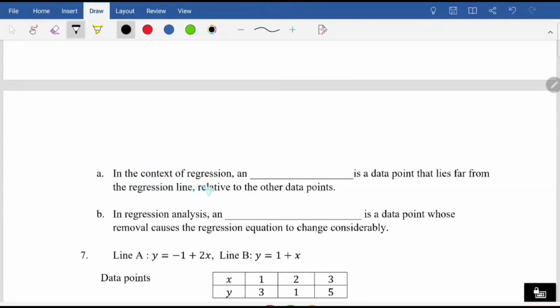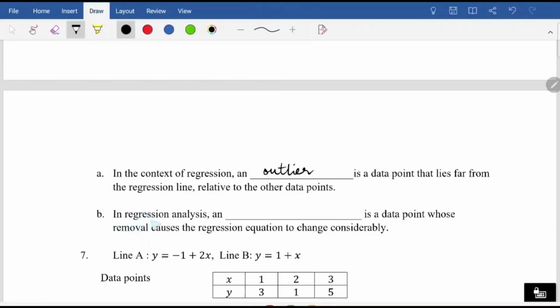It says, in the context of regression, blank is a data point that lies far from the regression line. An outlier, anything that lies outside the normal set of data points, a data point that lies far from the regression line relative to the other data points, is called an outlier.